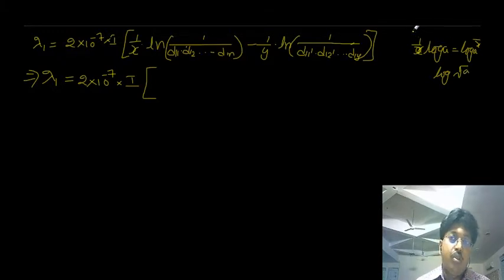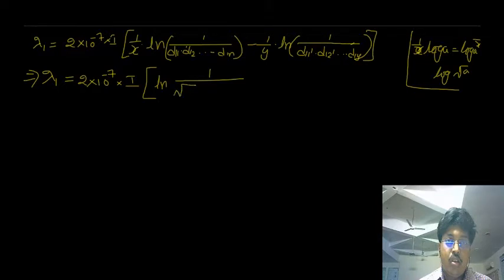So this 1 by x can be shifted into the logarithm: logarithm of 1 by x root of d11 into d12 into so on d1n.